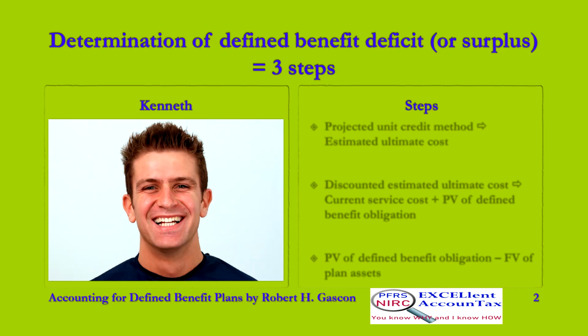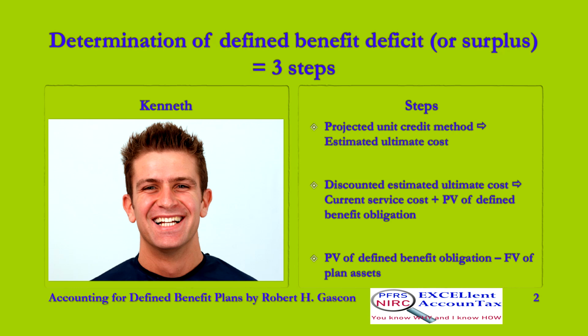The defined benefit deficit, or surplus, is determined through these steps. The projected unit credit method is used to faithfully represent the estimated ultimate cost to the reporting entity of defined benefits earned by employees for services rendered in prior and current reporting periods. The estimated ultimate cost is discounted to determine the current service cost and the present value of the defined benefit obligation.